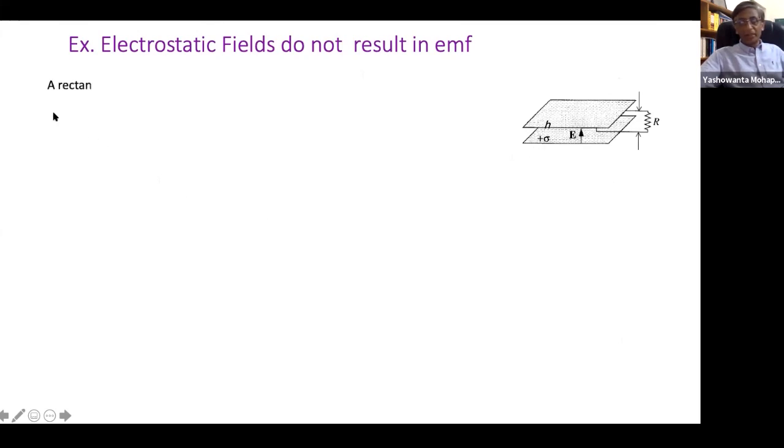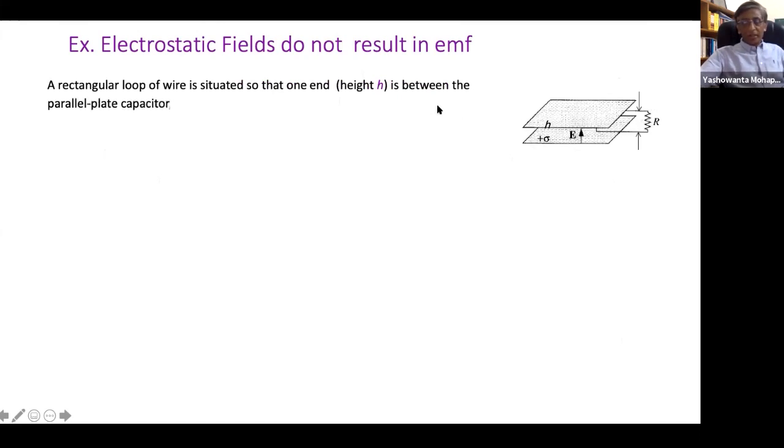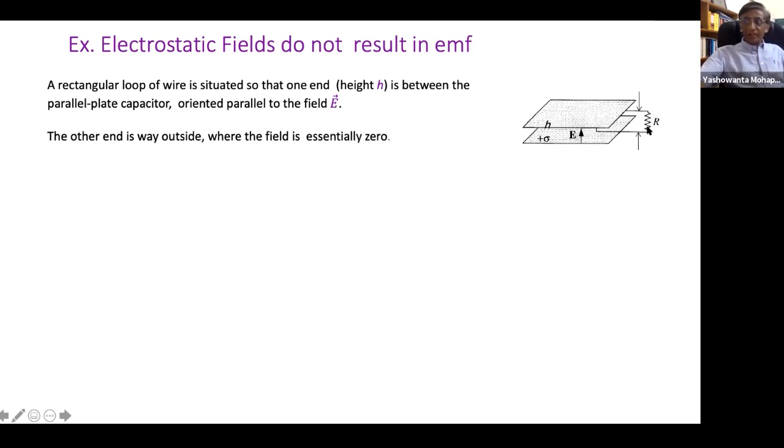A rectangular loop is situated so that its height is h, between the parallel plate capacitor, oriented parallel to the field E. The other end is way out, where the field is certainly 0, very far away. So the question is, what is the EMF in this loop?